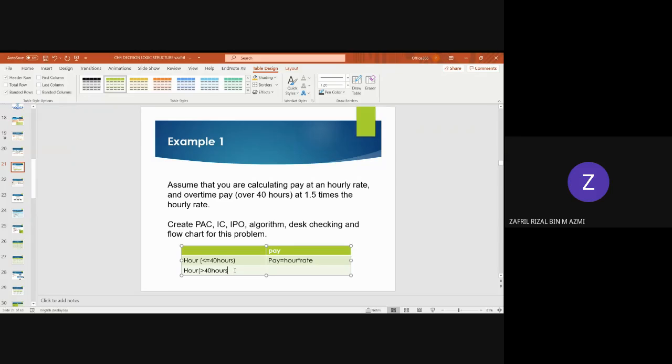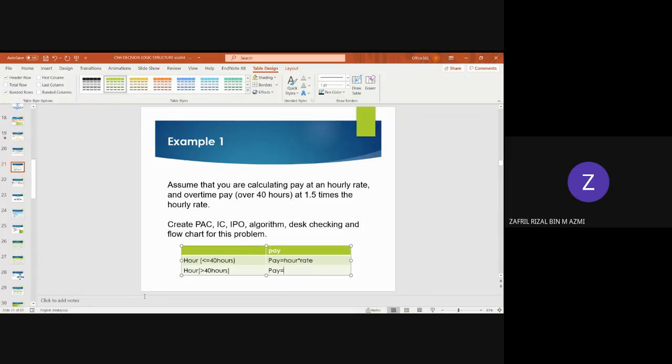And is it correct? Betul. If the hours is more than 40, so the calculation should be pay equals hour times 1.5 rate.